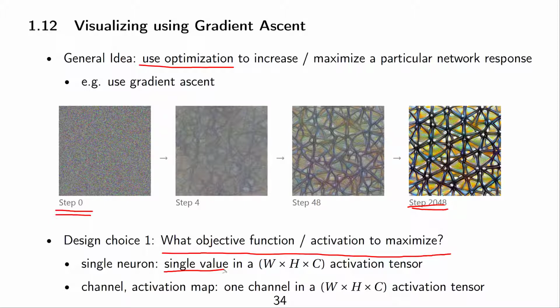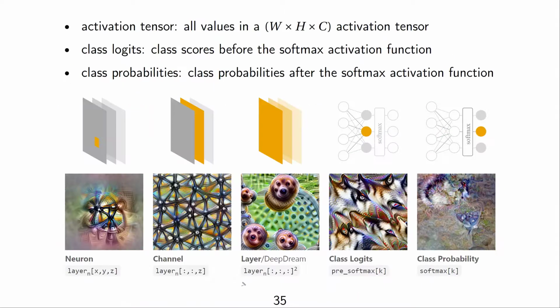We could say, let's look at pixel 3723 in channel number 15. Or are we looking for a complete channel or activation map, that is, one complete channel in the activation tensor? Are we going to look at the complete activation tensor? This would be all values in the width times height times c activation tensor.